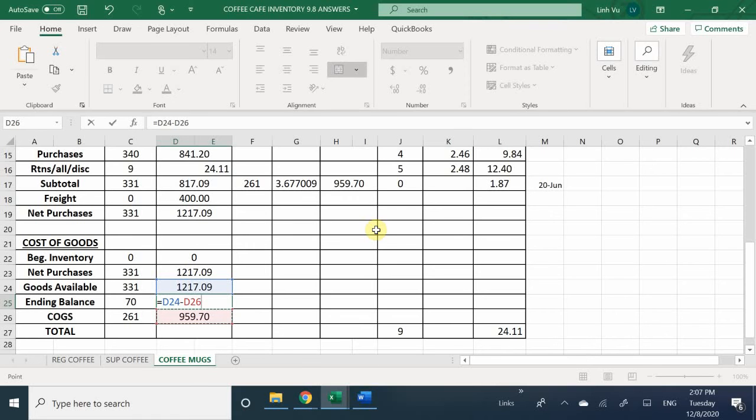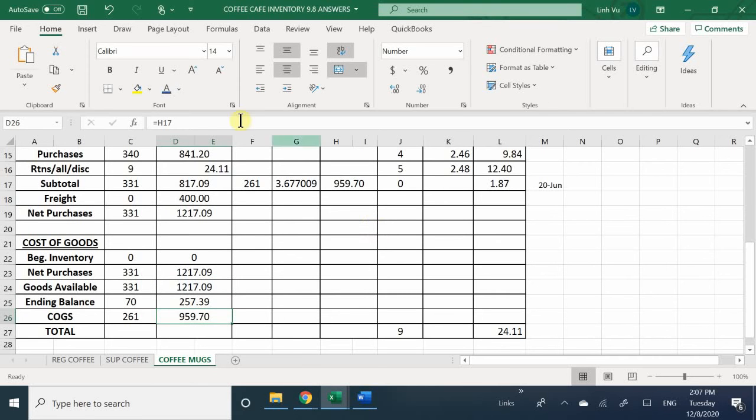What do you get? Equal this minus this gives you a total of 257.39. That is correct.